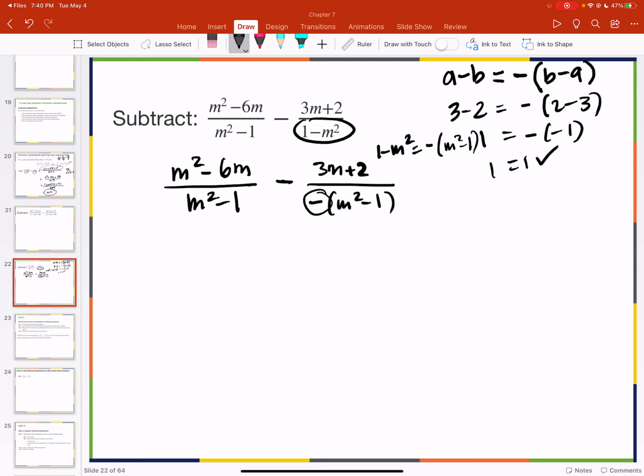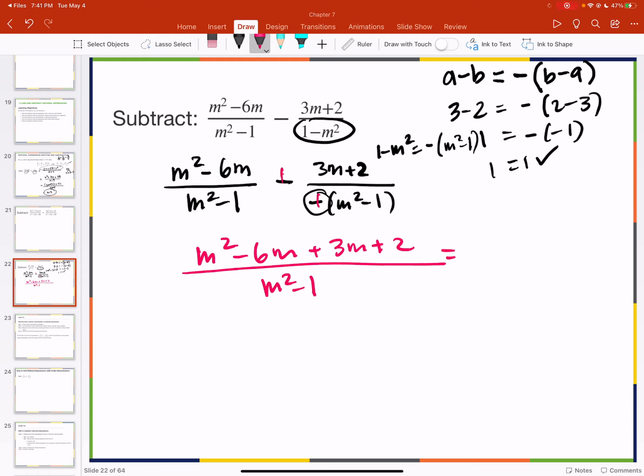It's going to become positive. So this is actually going to become an addition problem. So we get (m² - 6m + 3m + 2) all over m² - 1. Combining like terms, we get (m² - 3m + 2)/(m² - 1).